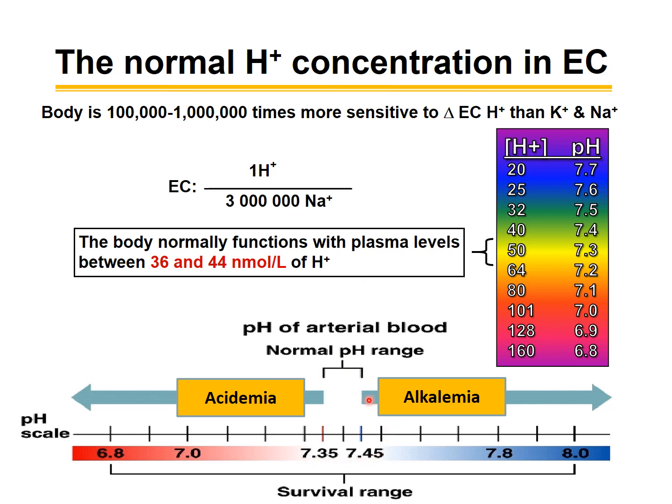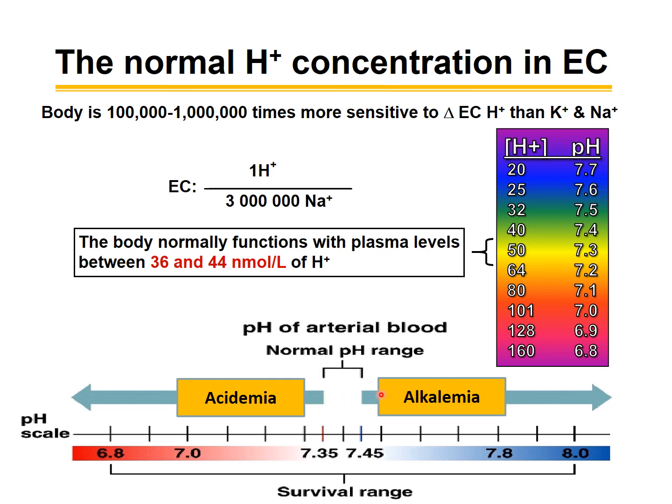Now, if you have a higher concentration of hydrogen, for example more than 44 nanomole per liter, we are talking about acidemia. So acidemia means that the pH is less than 7.35.